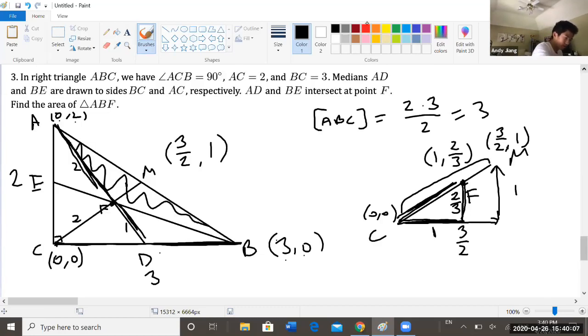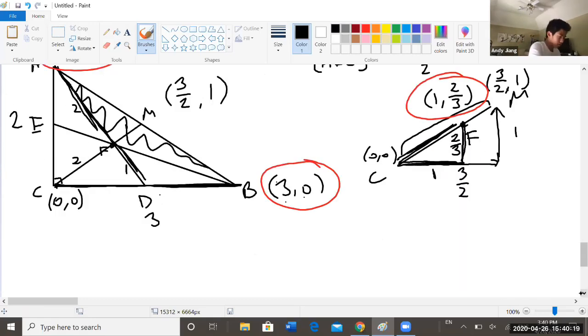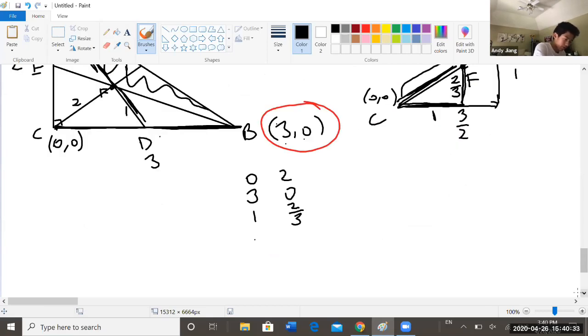let me circle this. To find the area, I use the coordinates A, B, and F. So I'll use shoelace. A is 0, 2. B is 3, 0. F is 1, 2/3. And then I have to write A again, 0, 2.